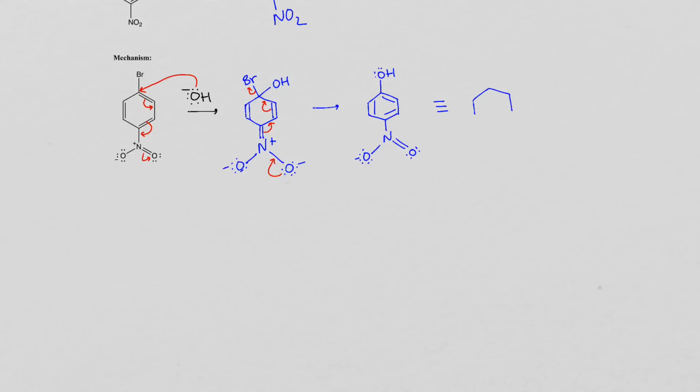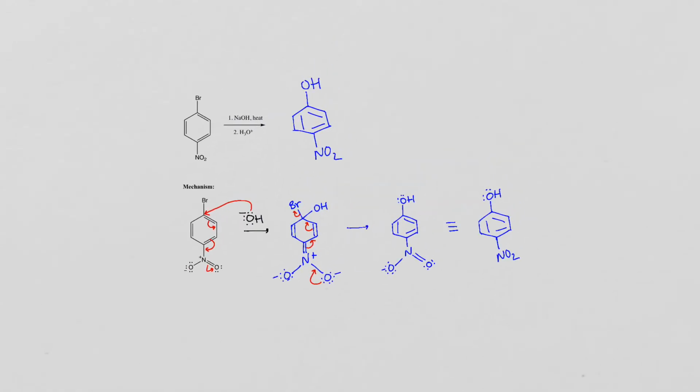You can just go aromatic ring, OH on the top, NO2 on the bottom. Do make sure that you're showing that it's bonded to the nitrogen. That is helpful. So that is one method of nucleophilic aromatic substitution.